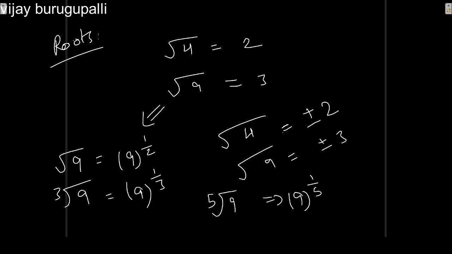In other words, root is the inverse of the power. The value of the square of 5 is 5 into 5. But the square root of 4 means 4 to the power of 1 by 2, that means 2.